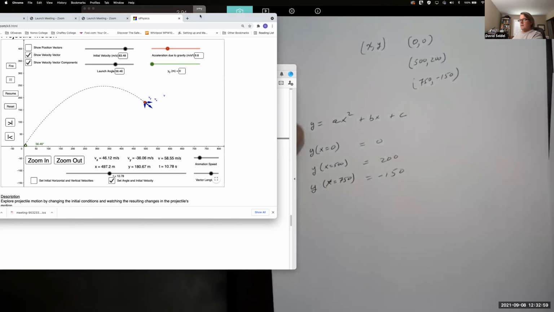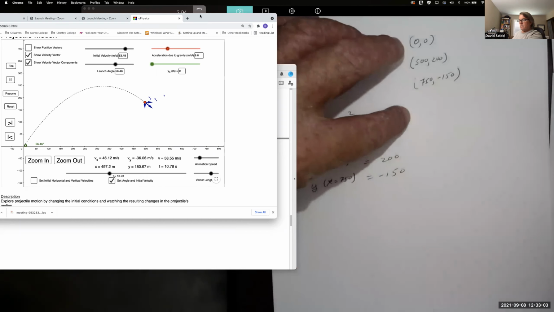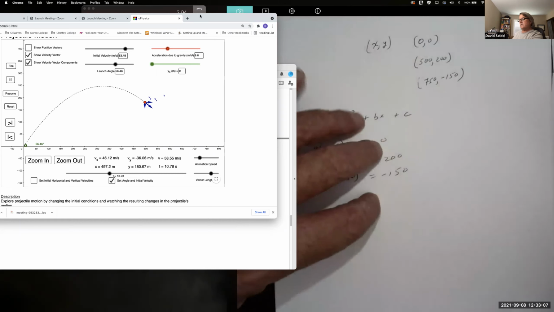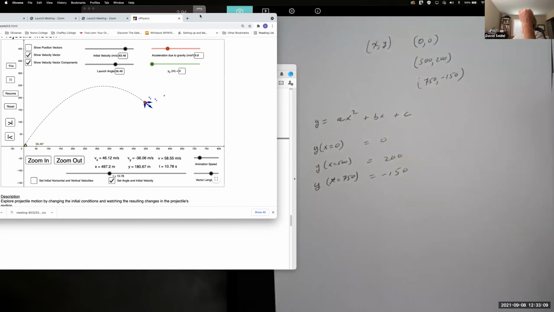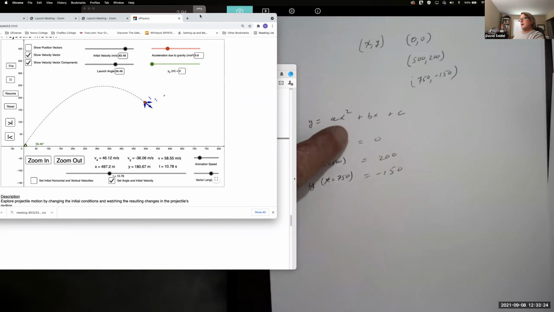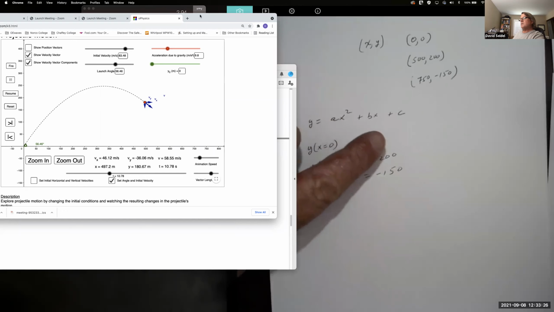So I have 3 equations. I can put in x equals 0, and these are unique equations. Some will tell you that you need 5 points on a parabola to really solve it. That's only if you choose a couple of degenerate points. These are non-degenerate points. Okay, x equal to 500 and y equals 200. So 200 equals a times 500 squared plus b times 500 plus c.